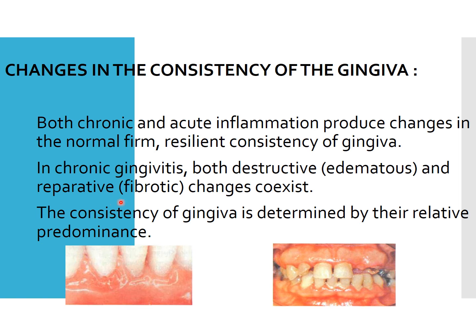In chronic gingivitis, you can see either a destructive type or a reparative type, or they can coexist. In the destructive type, as you can see in the picture, the consistency is soft and edematous. In the reparative type, there will be reparative changes due to some oral hygiene measures. When the reparative stage coexists, the outside may look somewhat thickened and fibrotic, but the edematous wall is actually hidden by the reparative stage.